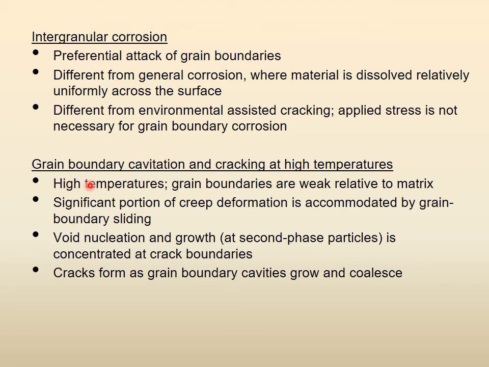At high temperatures, grain boundaries are weak relative to the matrix. This we know. A significant portion of creep deformation at high temperatures is accommodated by grain boundary sliding. So if creep is happening, then a large amount of the creep is because of sliding of the grain boundaries, because grain boundaries are weaker compared to the general material.